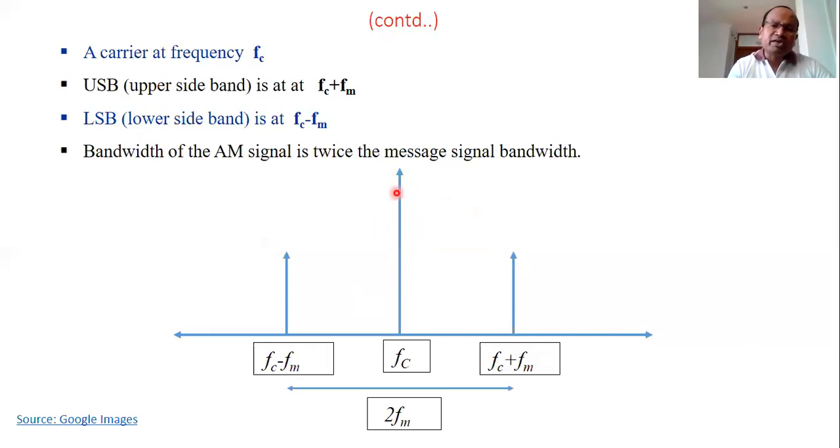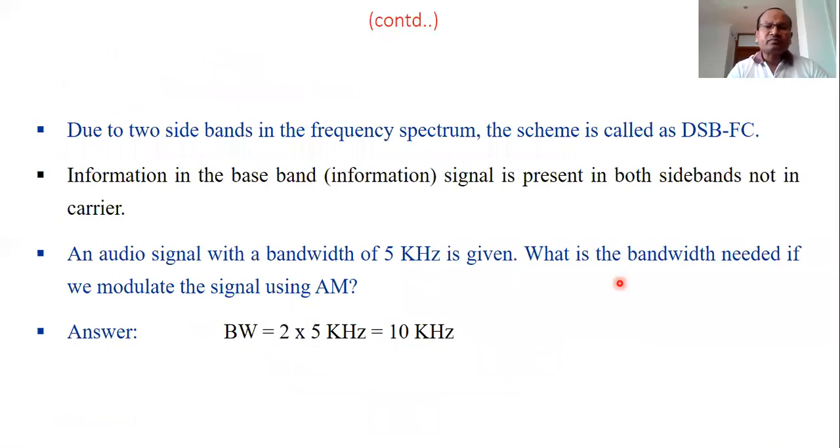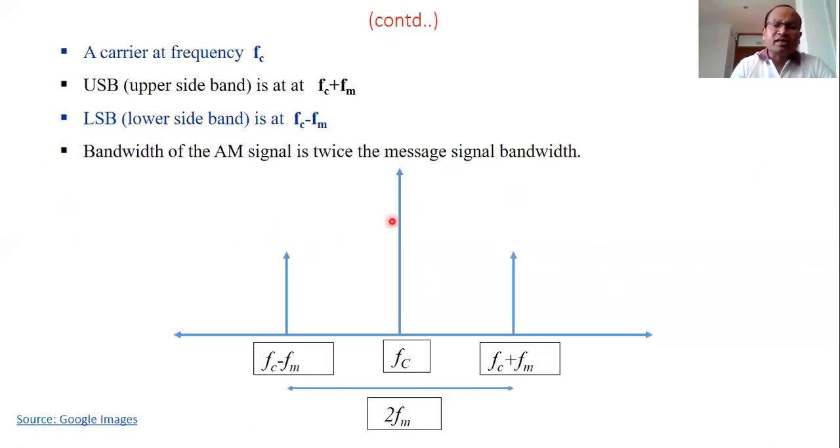The peak amplitude spectrum, or the center spectral component, will be removed, and the two other spectral components will remain. I'm sorry, DSB-SC means the carrier will be suppressed and these two components will remain here. So information in the baseband, that is the information signal, is present in both sidebands, not in the carrier. I have already explained here, it is not present in the carrier.